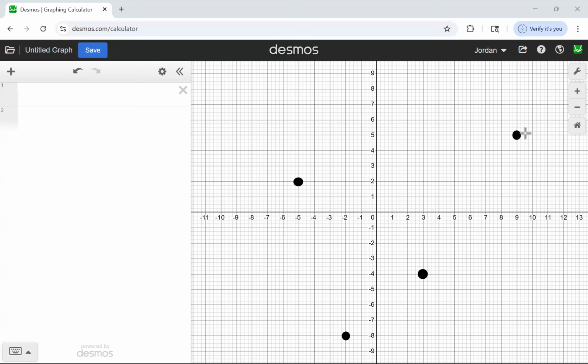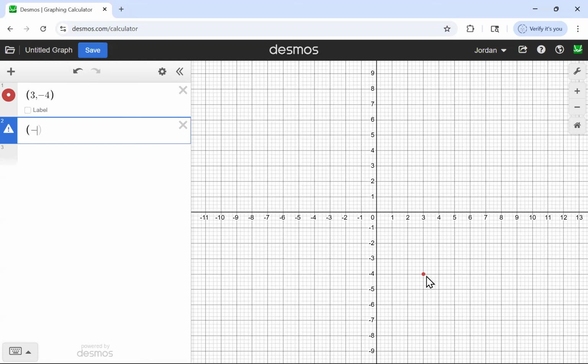Now that's how you can manually draw it. You just draw a circle or fill in the dot there. If I didn't want to draw that manually, what I could do is, on this graph on Desmos, I can actually just plot the points. So (3, -4), exactly where we said it was going to be. And then (-5, 2), again, exactly where I said it was going to be.